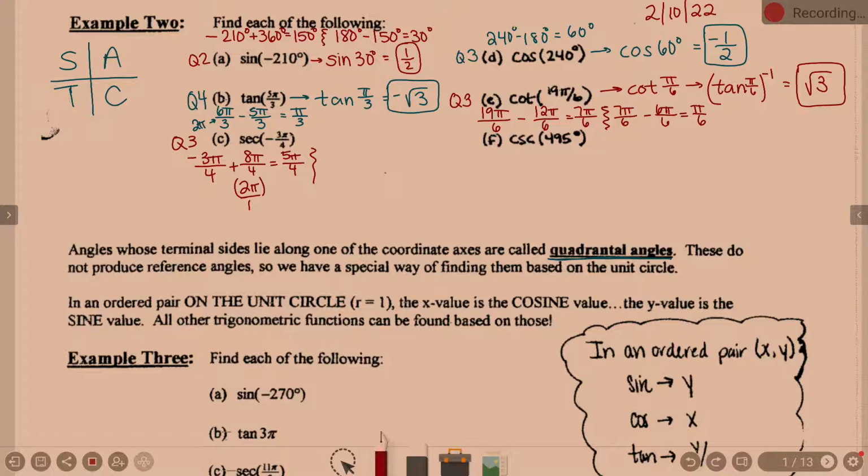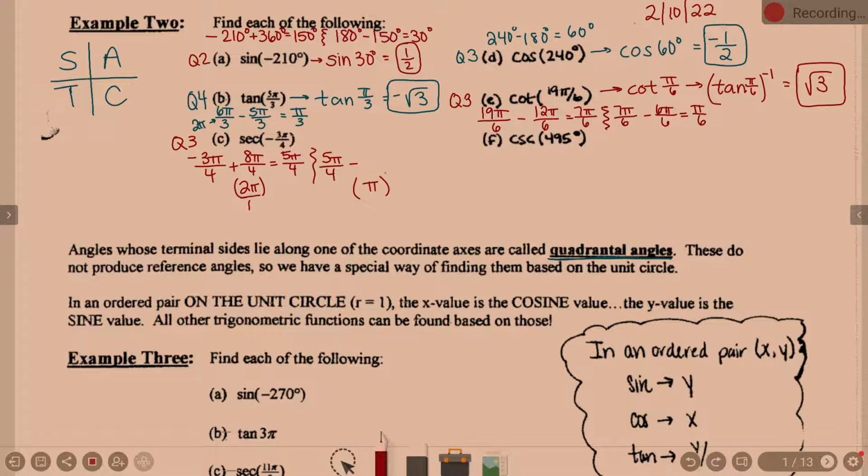I need a reference angle. How far is 5 pi over 4 from the x-axis? Where is it closest to the x-axis? Over here at pi. So that means I need to do 5 pi over 4, and I need to subtract 1 pi.